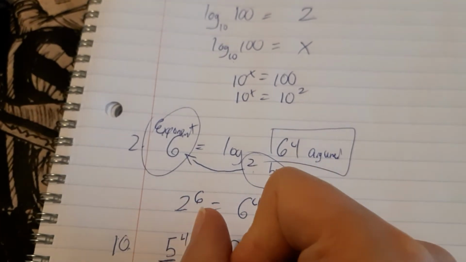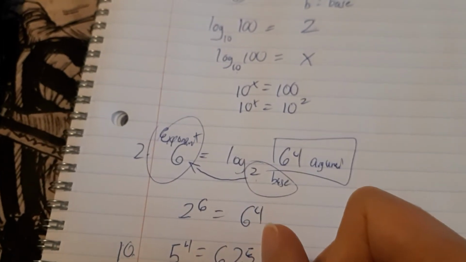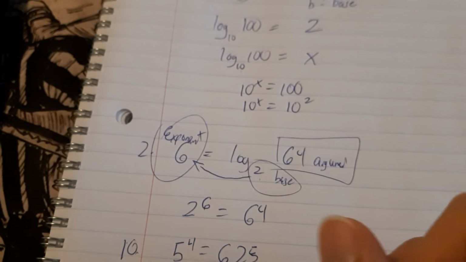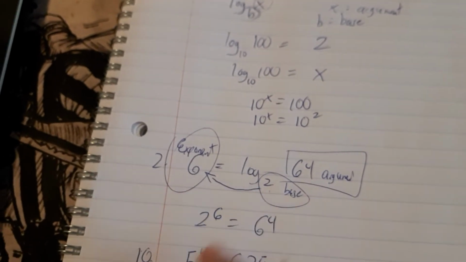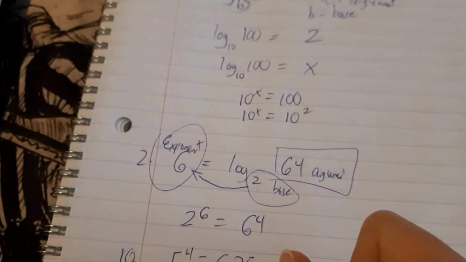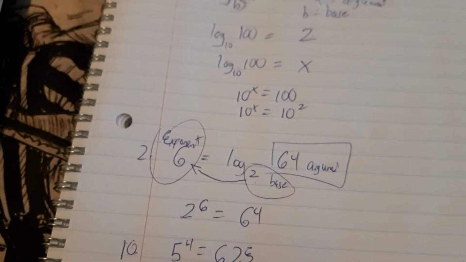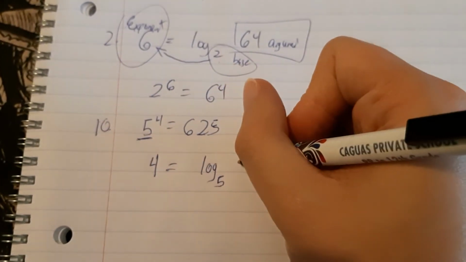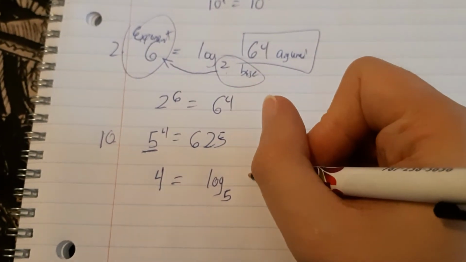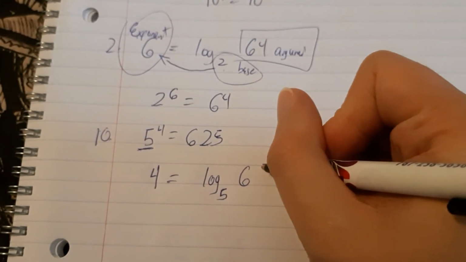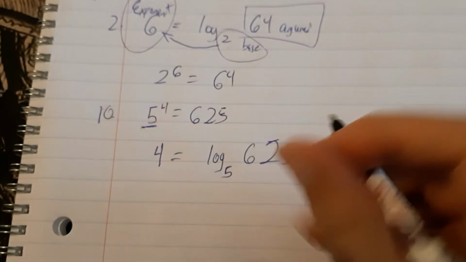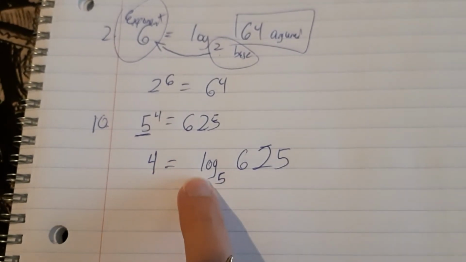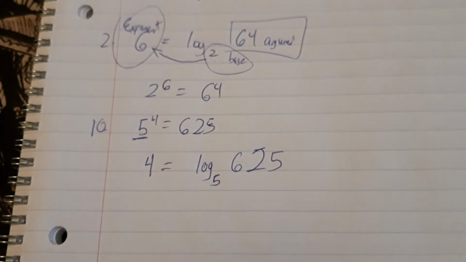So we would have something like 4 is equal to the logarithm. And the base, once again, is the base of the exponent. It doesn't change. So what we're left with is the argument, 625. Sorry, my recording skills are not very good, not while I'm doing 2 things at once. All right, so 4 is equal to the logarithm base 5 of 625.